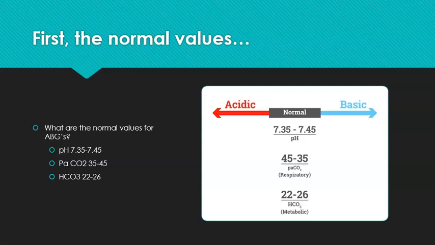When we have a level above 45, that indicates an acidotic process. When we have a CO2 that is below 35, that indicates a basic process. So anytime we interpret ABGs, just remember that the respiratory component is flipped.